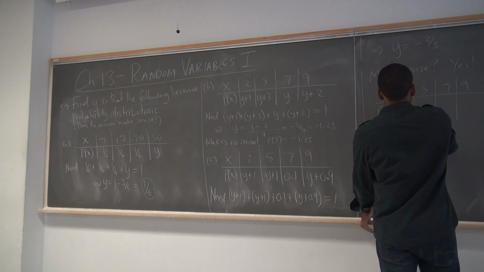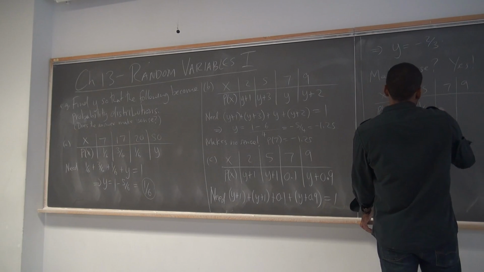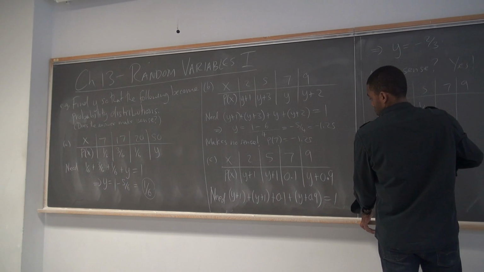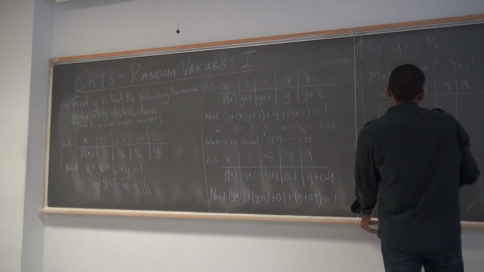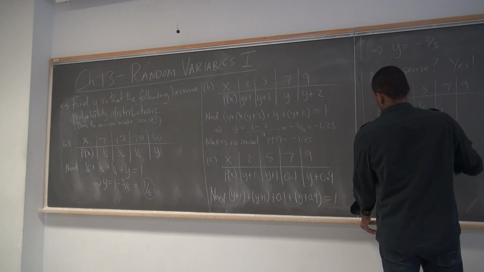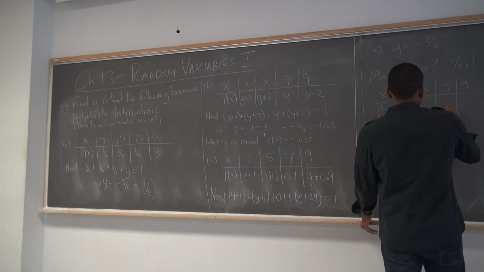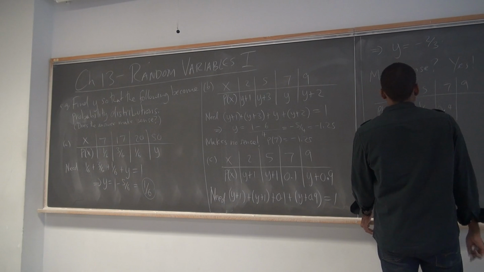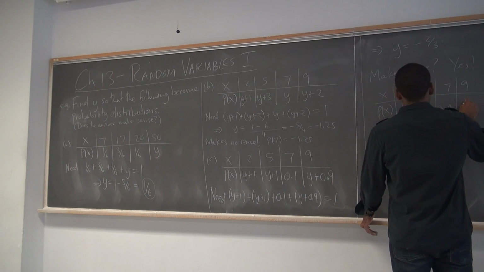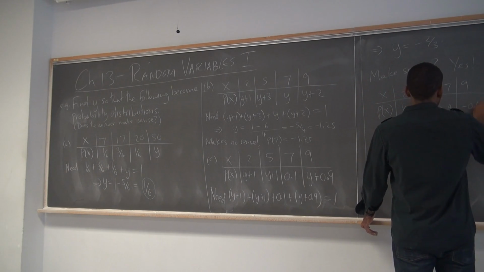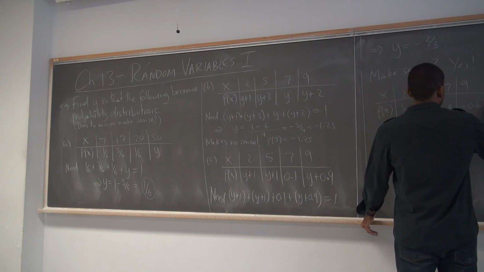This guy would be 1/3. That would be 1/3. This would be 2/3, like 0.6. So 0.1 is going to be like 0.4 something. And this would be minus 0.6 plus 0.9.